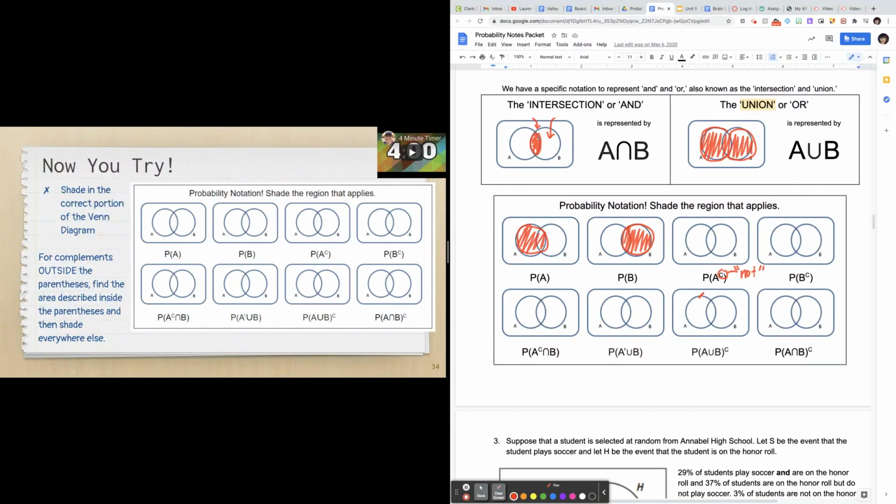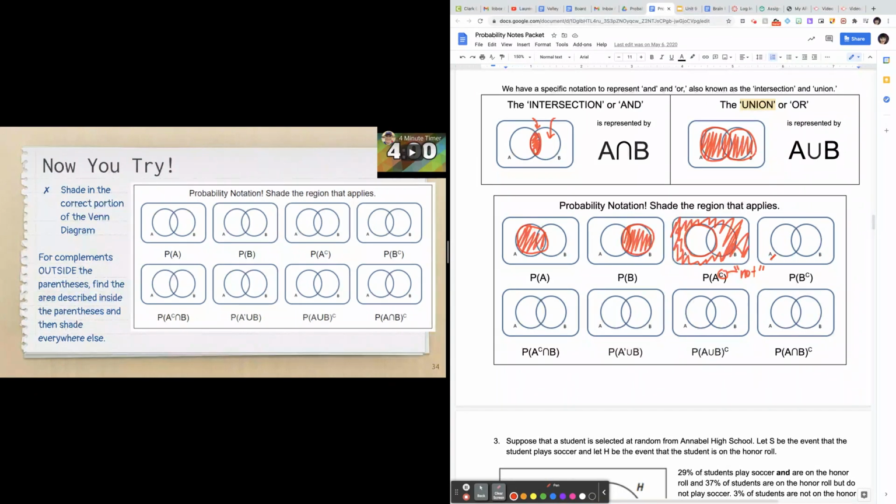So when you're figuring out a not probability on a Venn diagram, what you do is you find wherever that normal area would be. So probability of A would be this entire circle A. And if I want not that, I would shade everywhere else outside of that space.